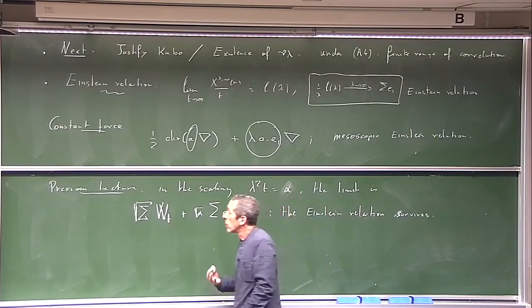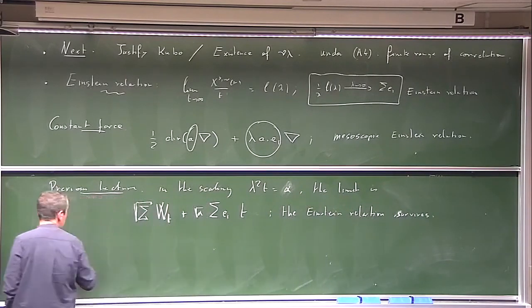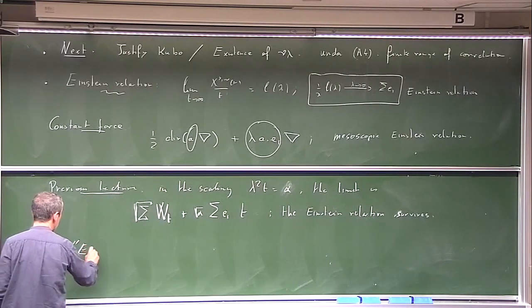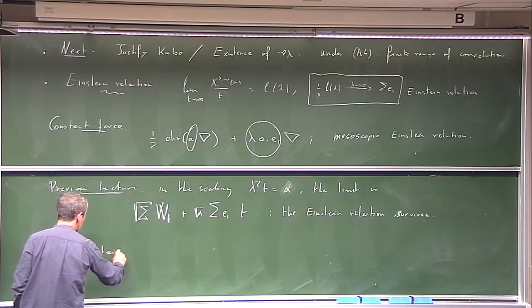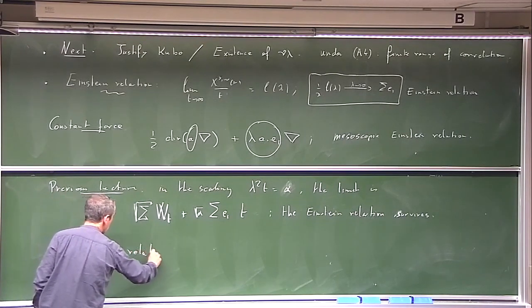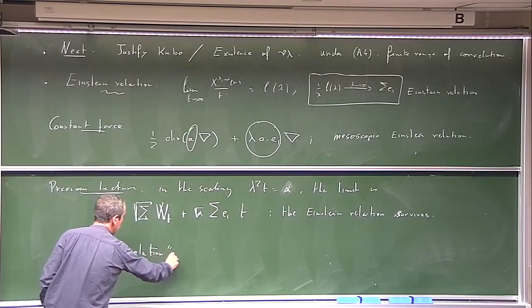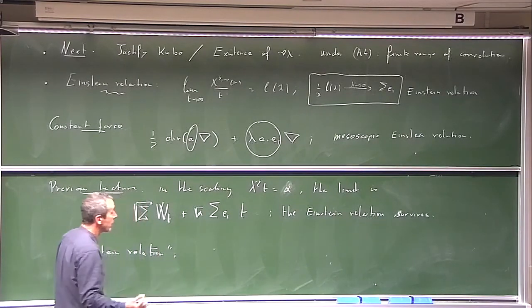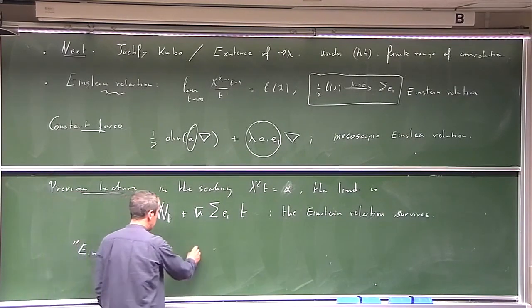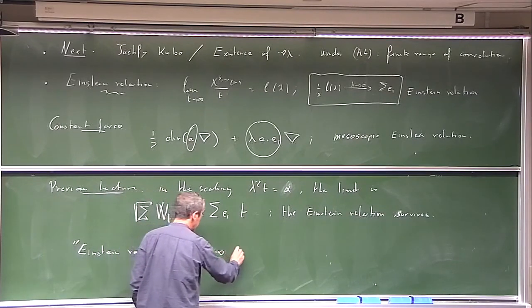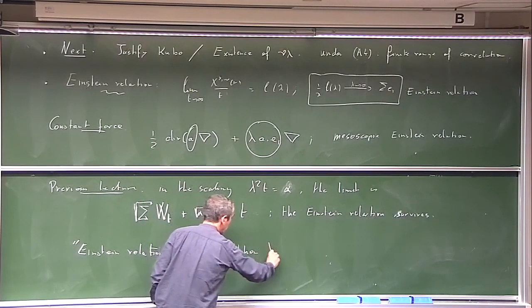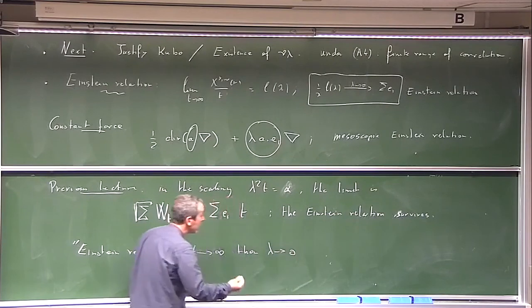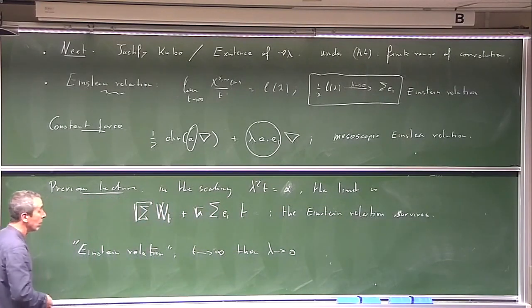Now, what we now call Einstein relation is on a different scaling. It's in the scaling where t tends to infinity, and then lambda tends to 0. And in that scaling, what we get is not a diffusion process.